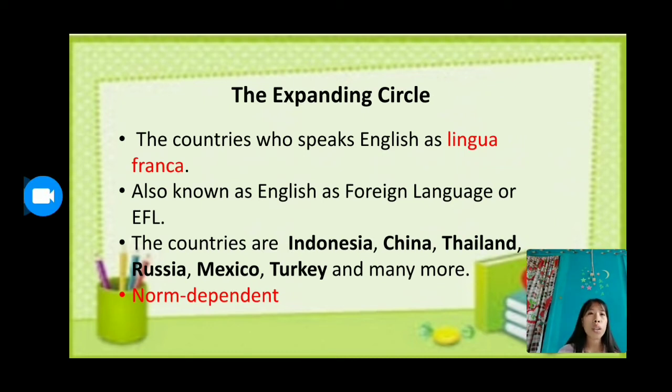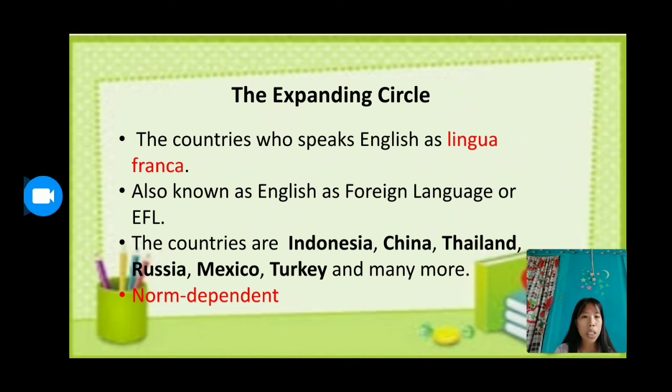The last one is the expanding circle. The expanding circles are the countries who speak English as a lingua franca, or in other words, a language that is used between speakers whose native languages are different, also known as English as a foreign language, or EFL. These countries are Indonesia, China, Thailand, Russia, Mexico, Turkey, and many more.